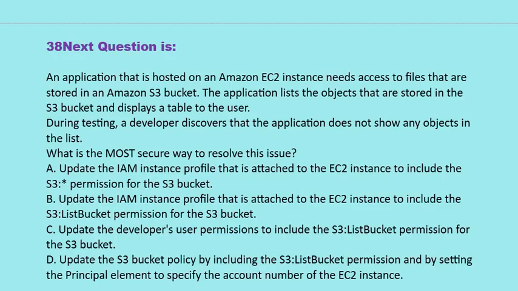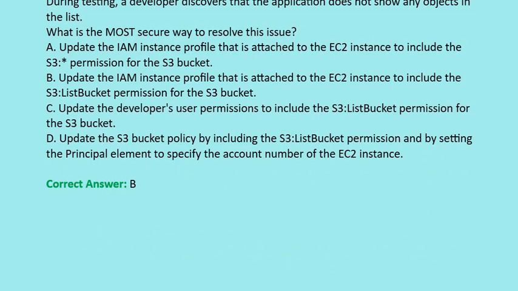Option C, update the developer's user permission to include the S3 list bucket permission for the S3 bucket. Option D, update the S3 bucket policy by including the S3 list bucket permission by setting the principal element to specify the account number of the EC2 instance. Correct answer is option B.